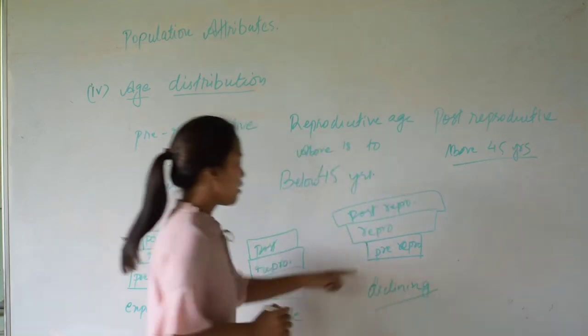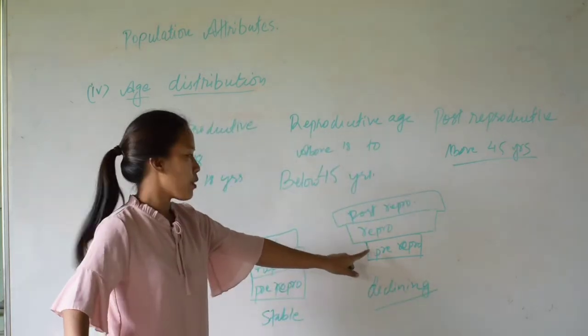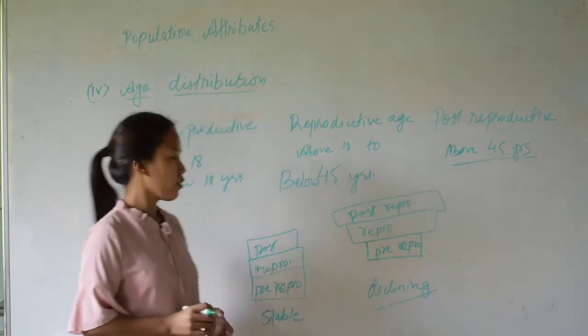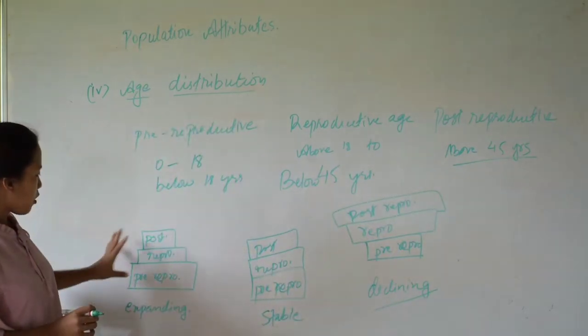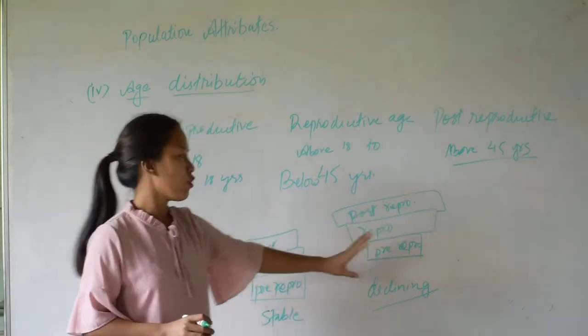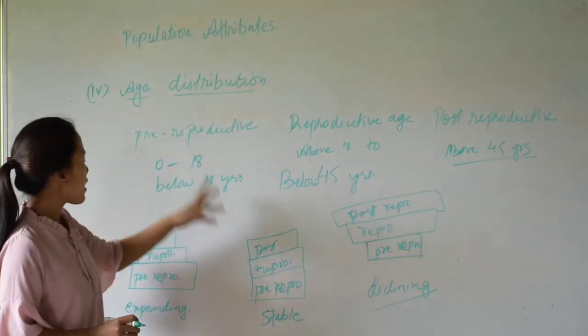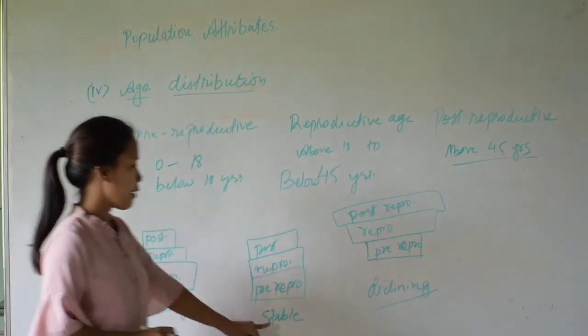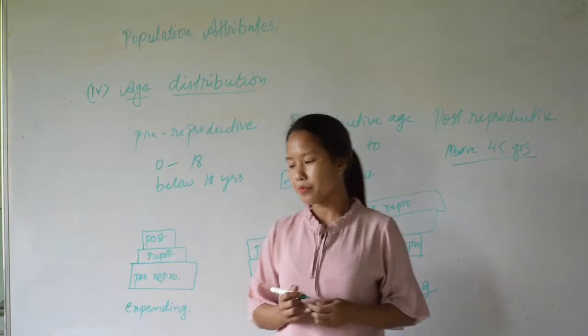Why? Because the pre-reproductive individuals are fewer than the reproductive and the post-reproductive. So we can see here, all these are called age pyramids. Depending upon which age group is more, we can decide whether the population is expanding, stable, or declining.